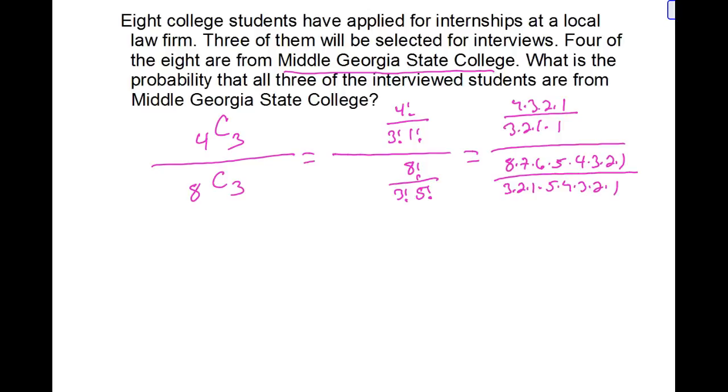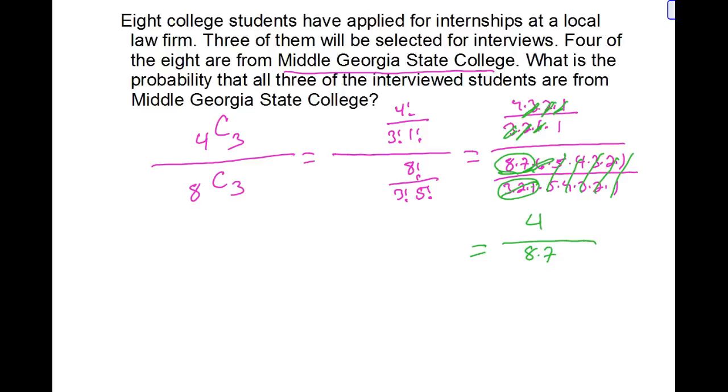And if I do some simplification here, notice that my 1, 2, and 2, 3, and 3 cancel, leaving me with a 4 in my numerator. On the denominator, these all cancel, and if I multiply this together, that gives me a 6, so that cancels, leaving me with 8 times 7.